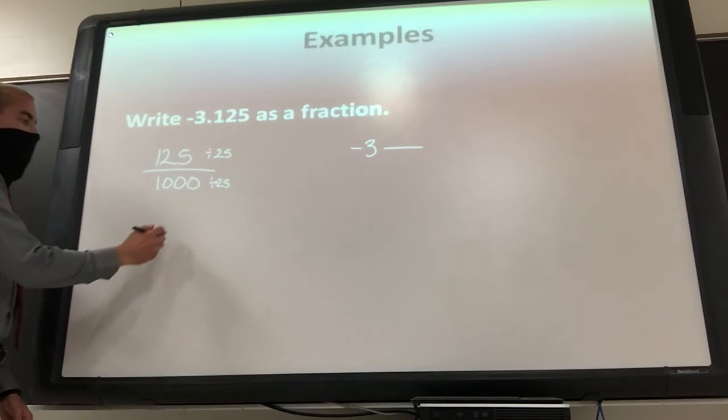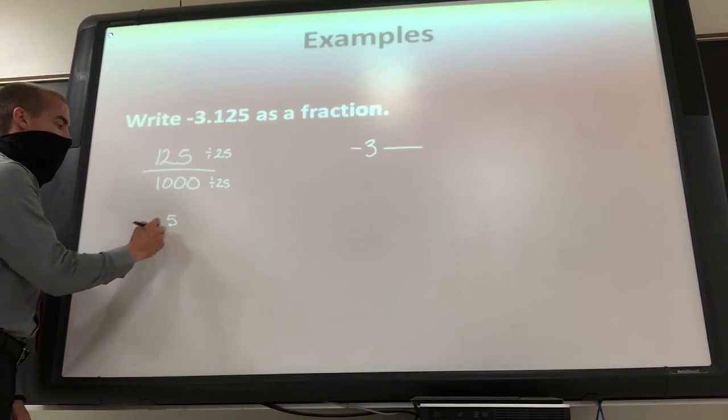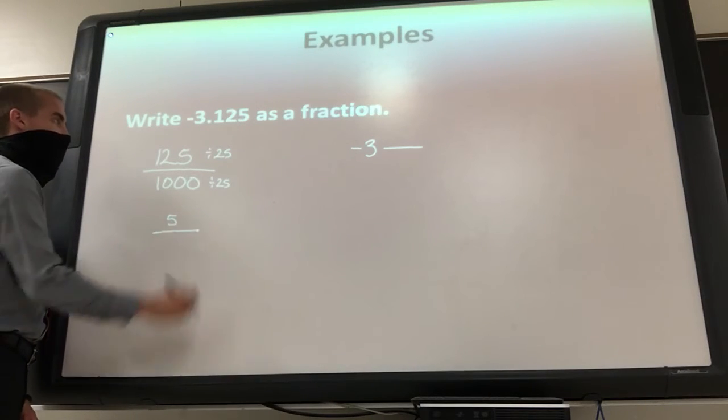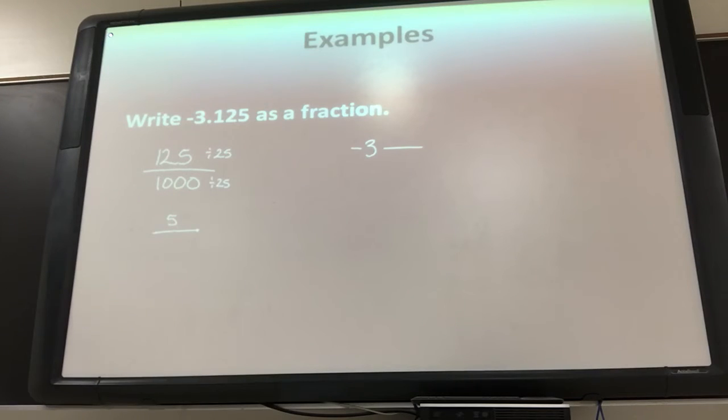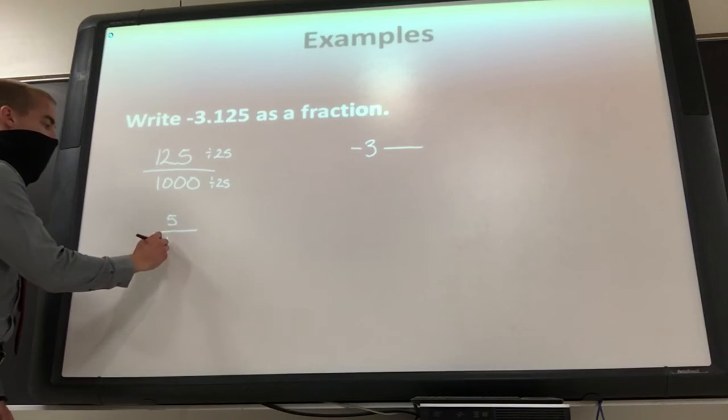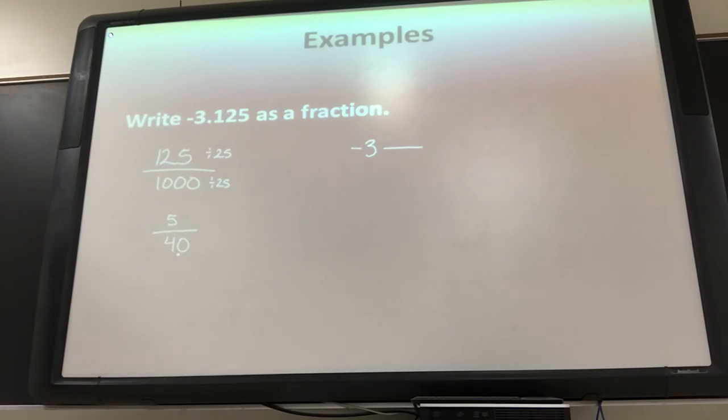125 divided by 25 is 5 over, and then 1,000 divided by 25 would be 40, yes. Now we get 5 over 40. If you divided by 5, you would just do 2 of those steps instead of just 1 like we did. Can't you still simplify? We can still simplify, yeah.